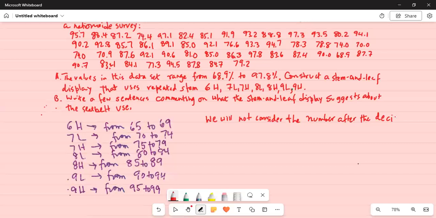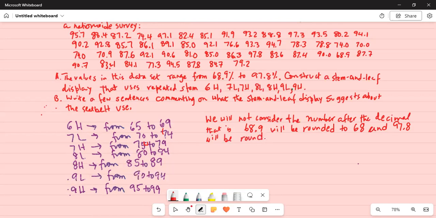That is, 68.9 will be rounded to 68, and 97.8 will be rounded to 97.